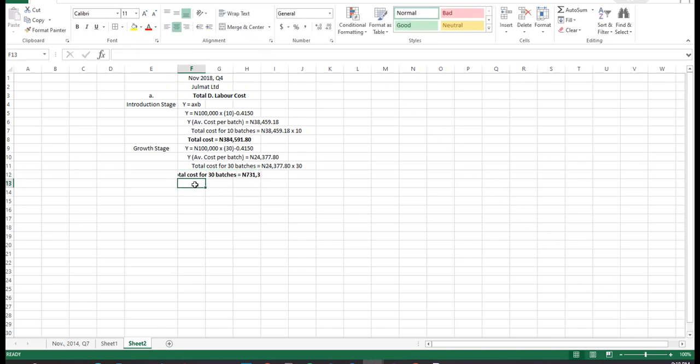Now, the total cost. What is my total cost for 10 batches earlier? 38459. 10 batches earlier gave us 384,591.